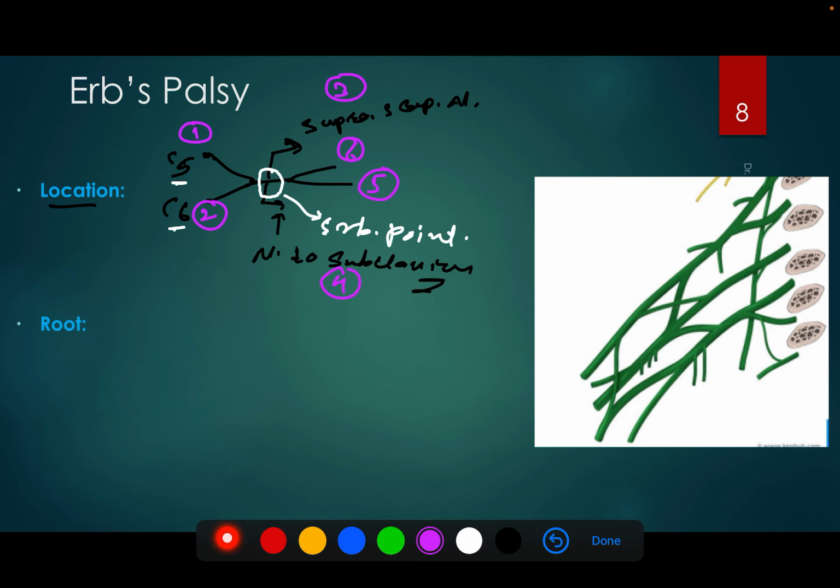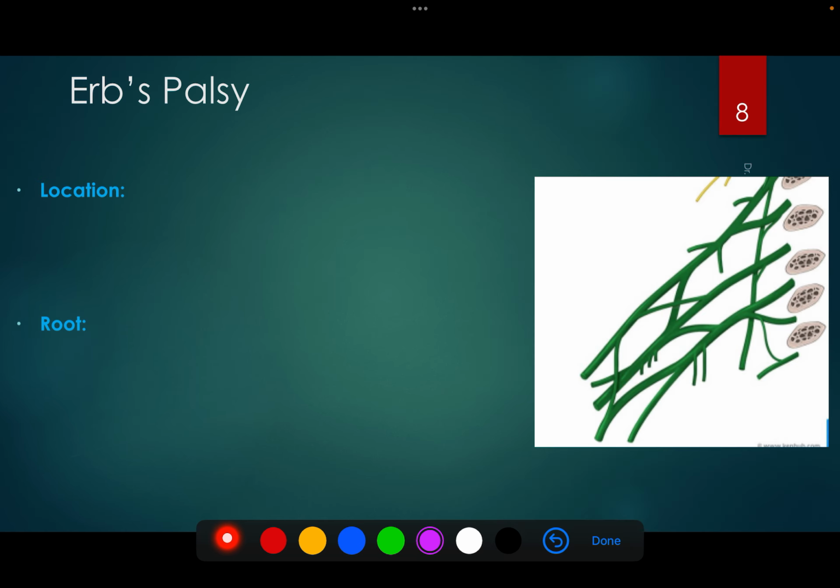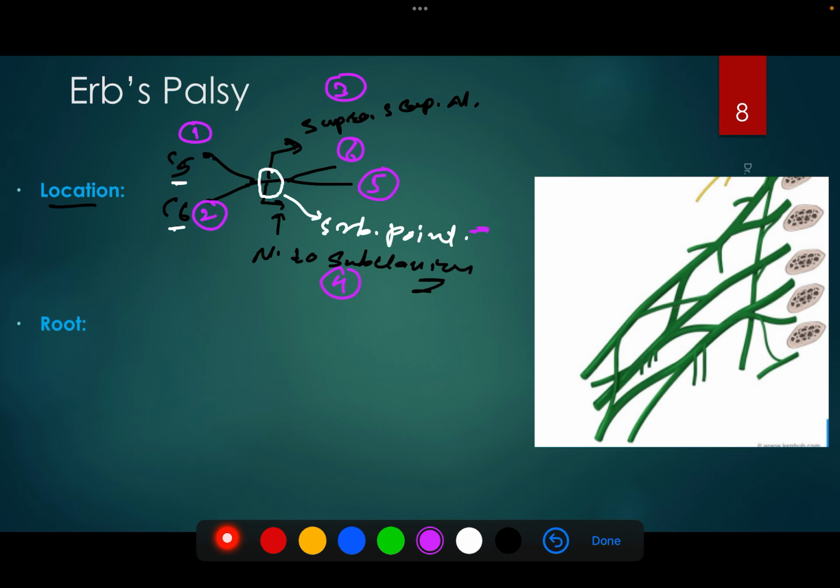So Erb's point is the meeting point of 6 nerves. The injury at this point involves these 6 nerves, right? So it involves this location. This is my upper trunk.